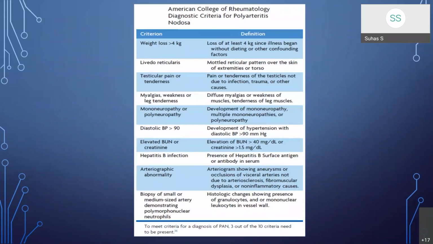Coming to diagnostic criteria, again defined by the American College of Rheumatology. They have described 10 criteria, out of which 3 need to be present to make a diagnosis.